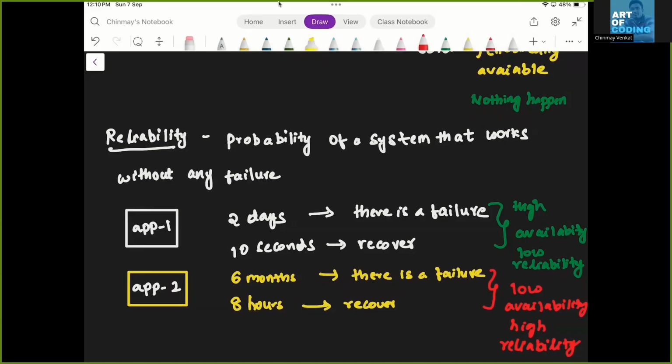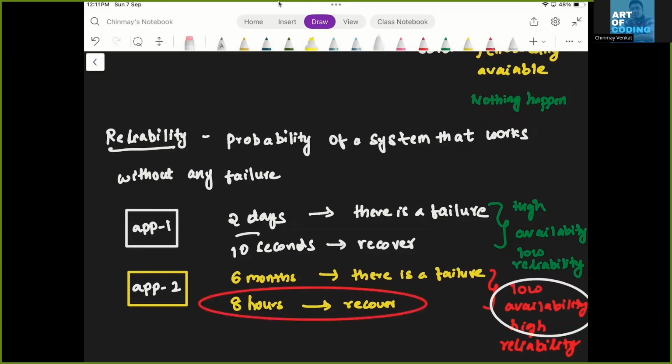In the case of application 1, it takes 10 seconds to recover, and it has high availability. The system should work without any kind of failure for an extended period of time; that is availability.